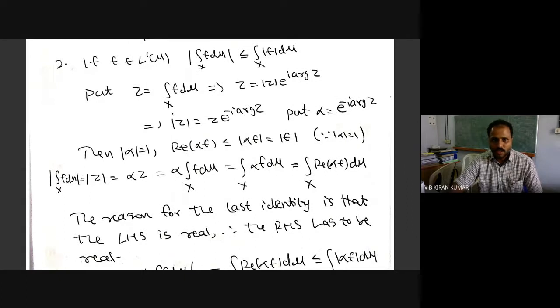Let us write z equal to the integral of f d mu. You know that this is a complex number. So you write it as z, and for every complex number you have a polar representation, right? I guess all of you are familiar with this, polar representation, yes or no?